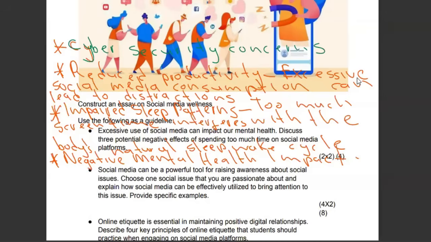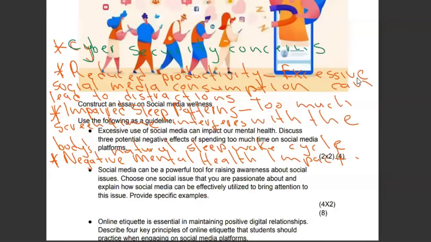If you spend too much time on social media, you might end up sharing personal information on social media platforms, which can expose individuals to privacy breaches, identity theft, and even put you at risk of cyberbullying. So it can result in oversharing that can also compromise personal security. So you should avoid oversharing.